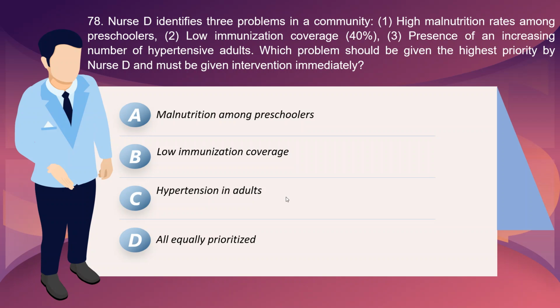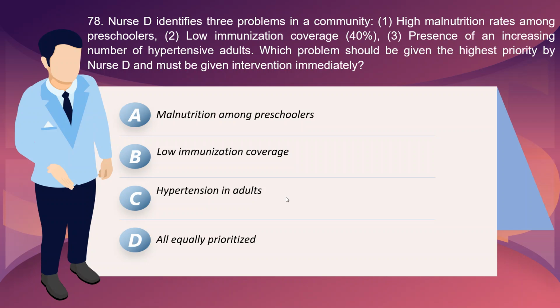So in this case, the best answer for number 78 is letter B, because according to Maglaya, that applies the prioritization framework. And immunization gaps can lead to outbreaks that might be severe and impactful to the community. So the best answer is letter B.